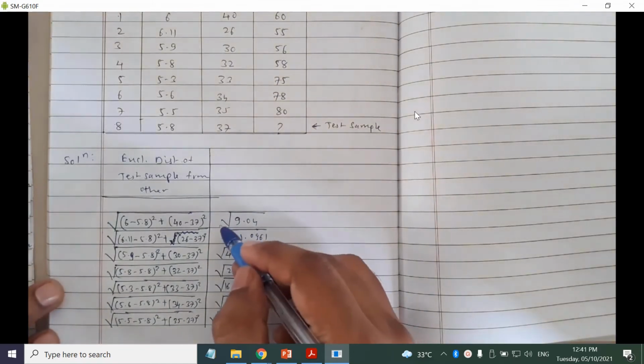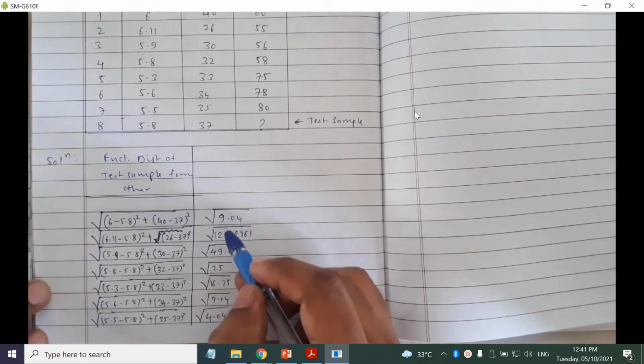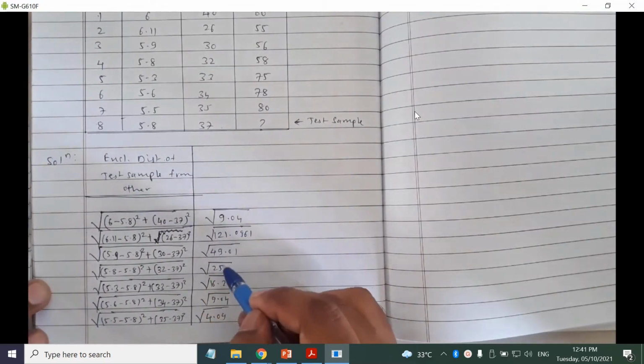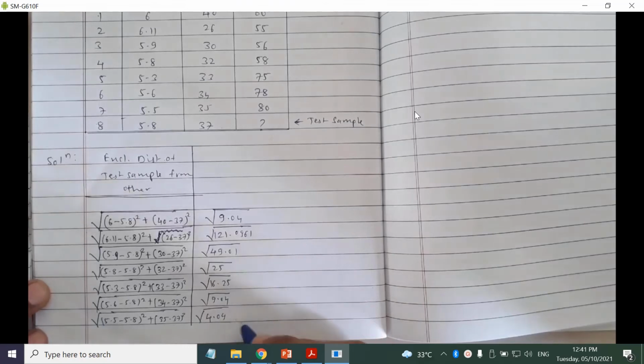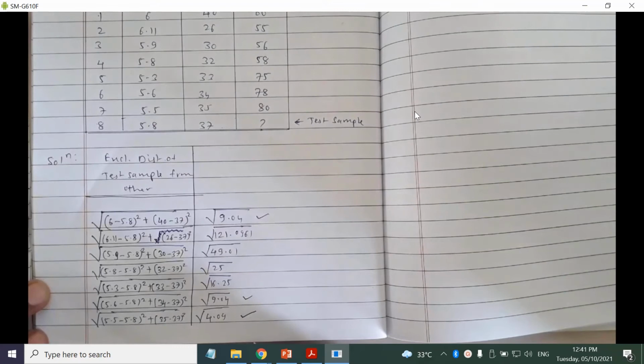Now out of this, which ones are the closest ones? Ignore the square root and just compare the values. So 9 and 4 are the smallest. So this is the closest, second closest and third closest. That means the first sample, sixth sample and seventh sample are the closest ones.